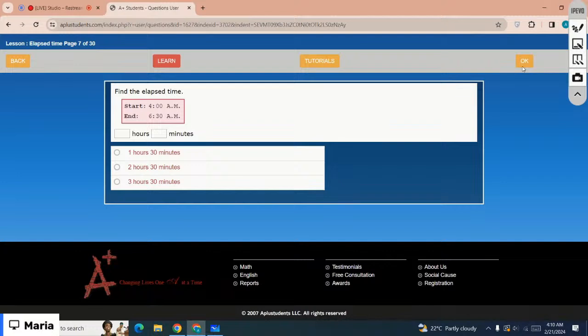Start time is 4 a.m. and end time is 6:30 a.m. So which is the correct option?